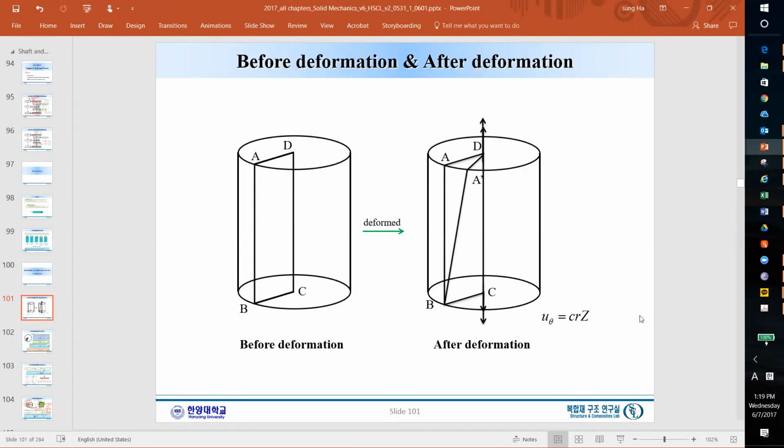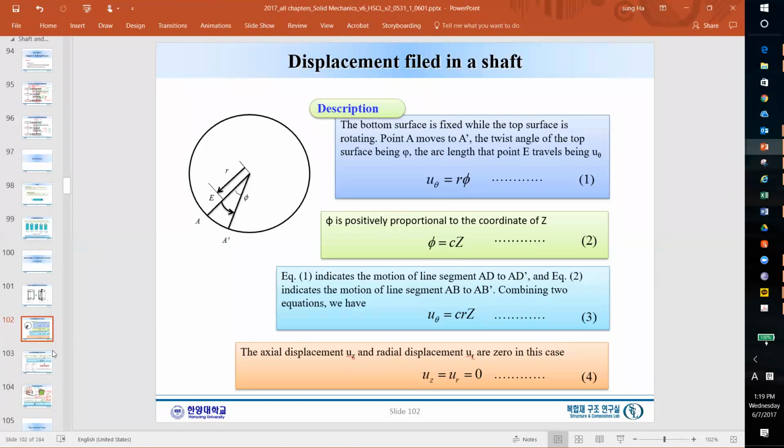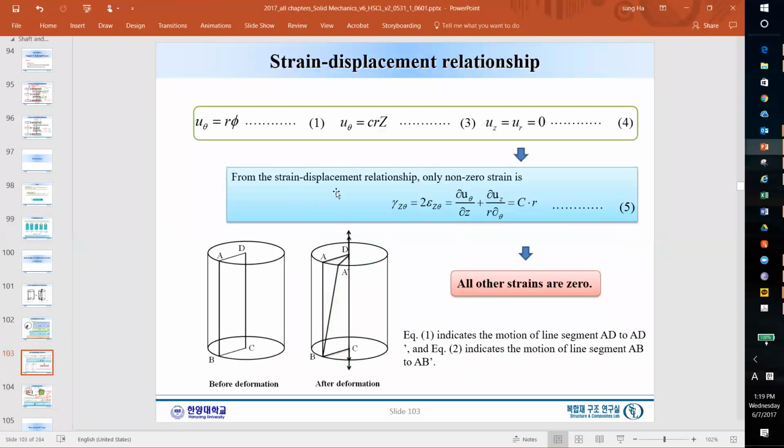R and Z. These are very important equations. And once we have this, the rest of it is very much straightforward.